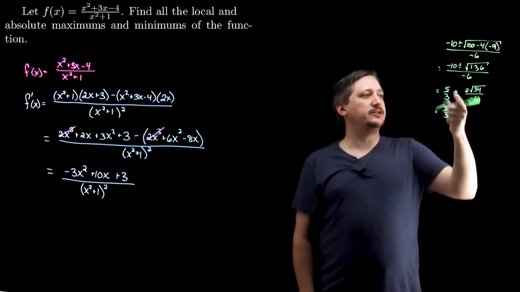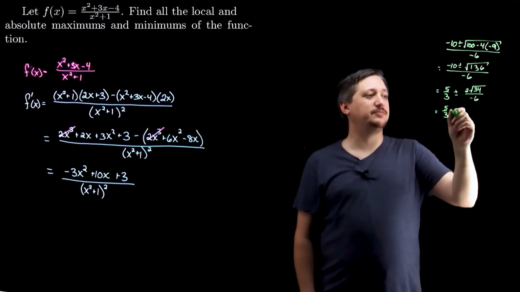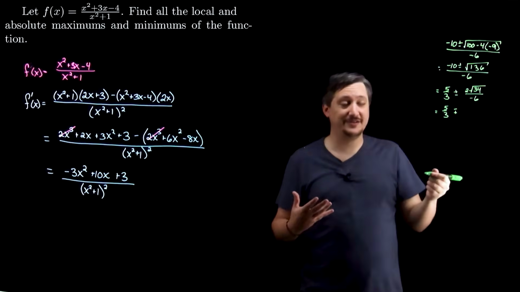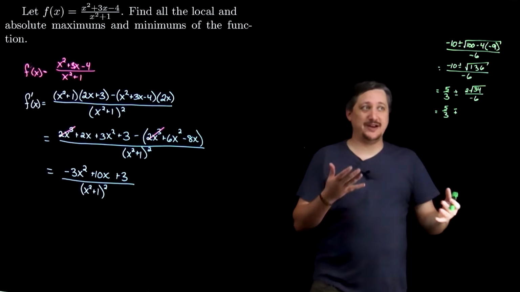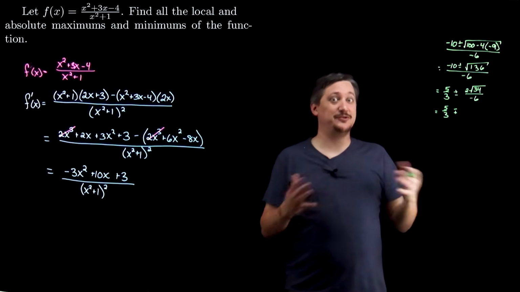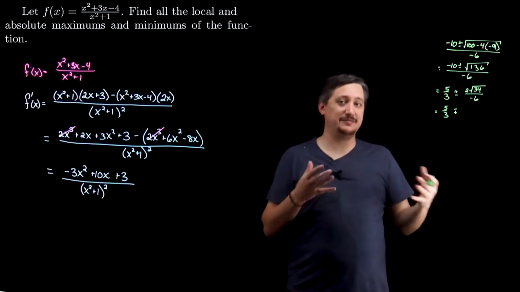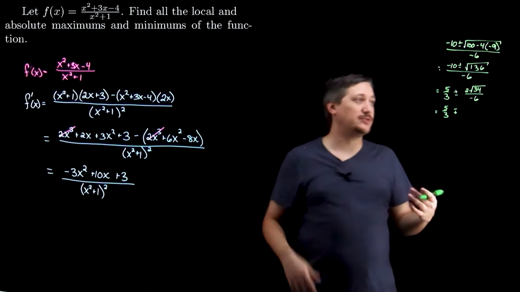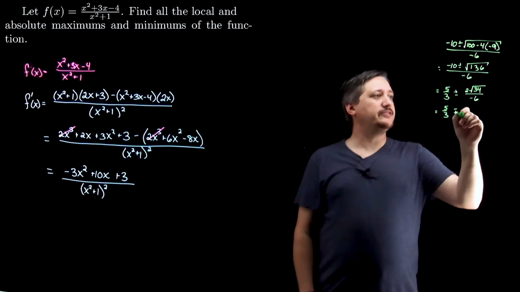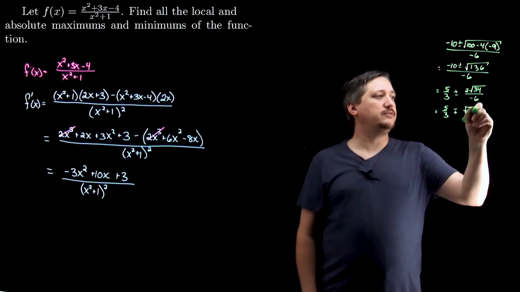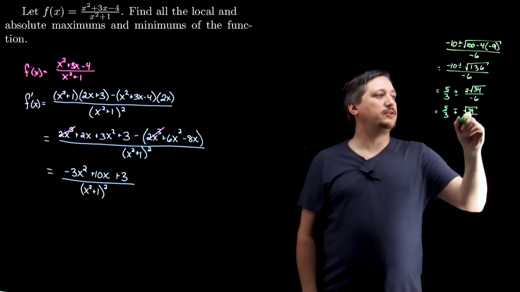The negative can come out and it just flips the plus or minus to become minus plus, but really it won't matter because I'm adding and subtracting this value. Whether I'm adding and subtracting the negative or the positive, I'm going to get the same two values just in a different order. Regardless, I'm going to get the square root of 34 over 3.